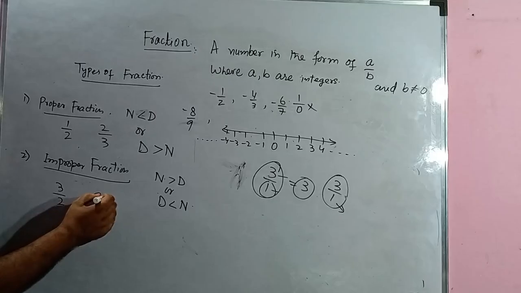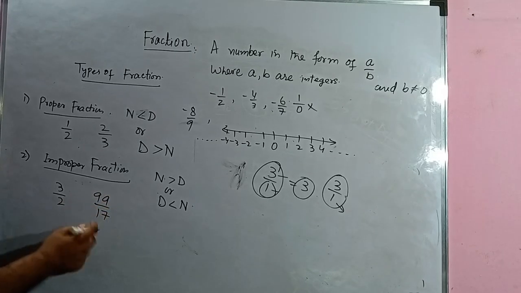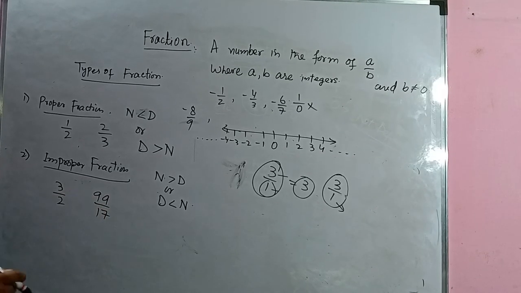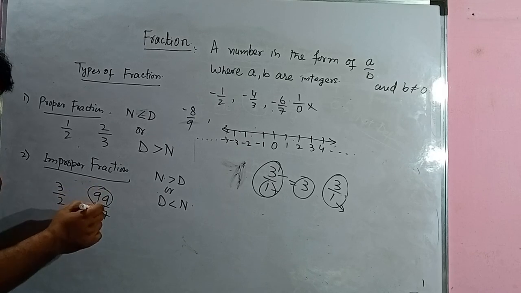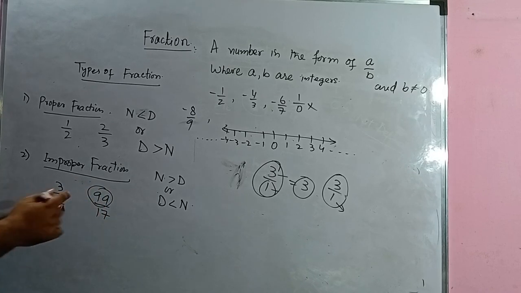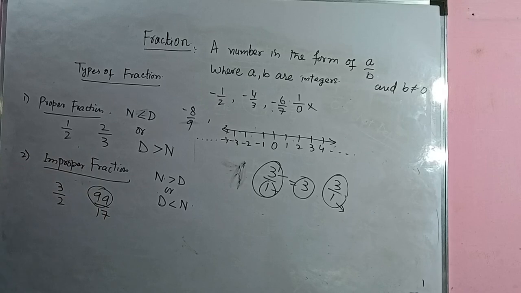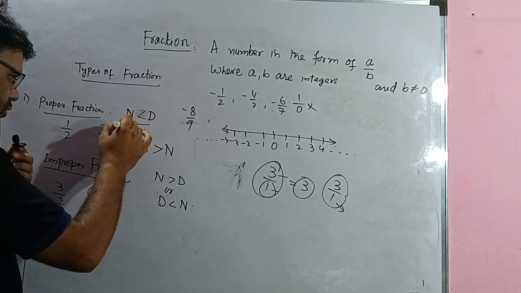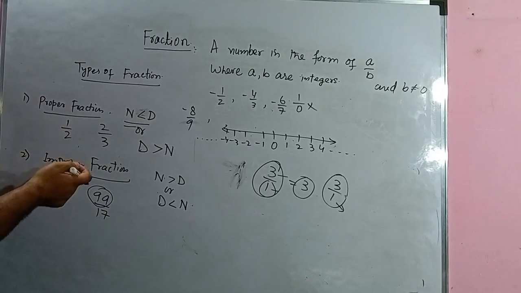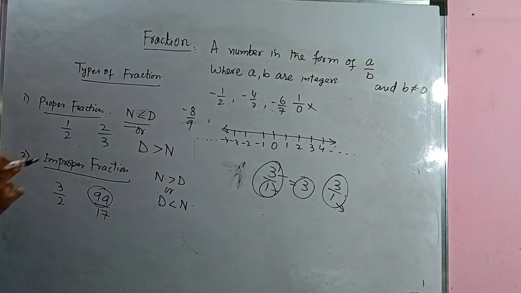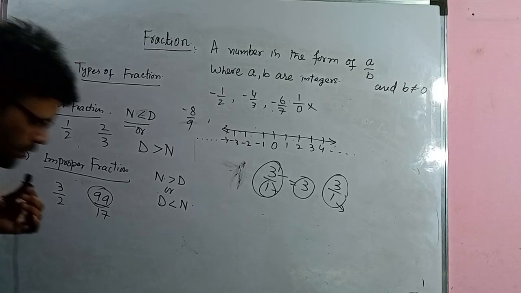For example, 99 divided by 17 is also an improper fraction. Only these things you should understand. If the numerator is less than the denominator, it's a proper fraction. If the numerator is greater than the denominator, then it is an improper fraction.